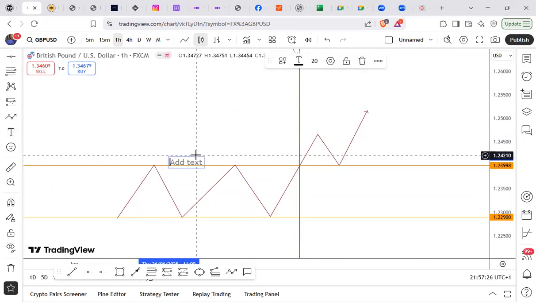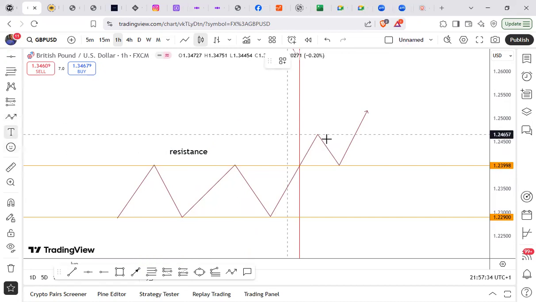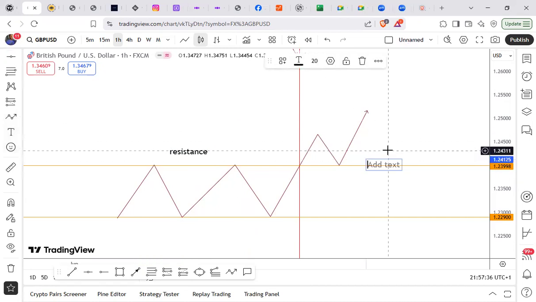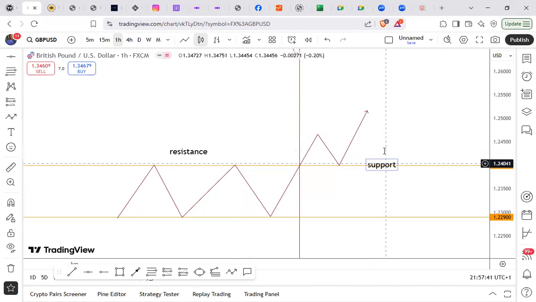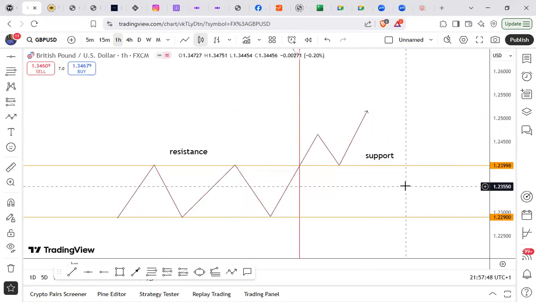A resistance. Then, when it broke, it now became what? A support. Easy peasy. Very, very easy.